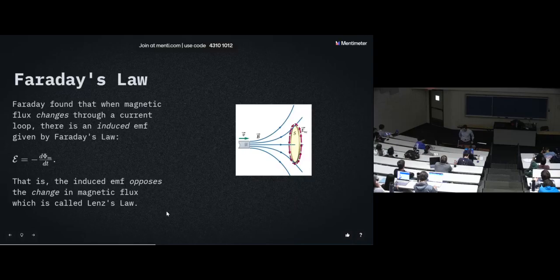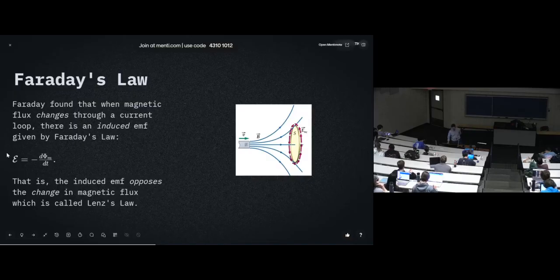Faraday found that when magnetic flux changes through a current loop, there is an induced EMF given by Faraday's law, and that induced EMF is minus d phi dt. That is, the induced EMF opposes the change in magnetic flux, and this is specifically this opposition to change.